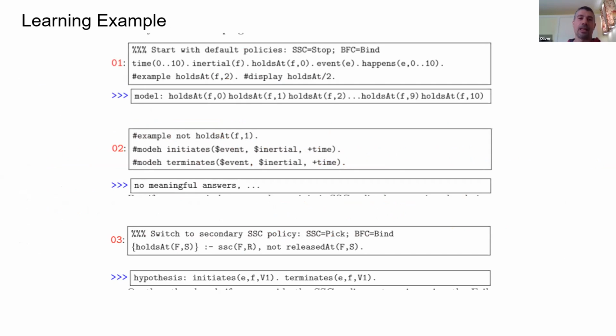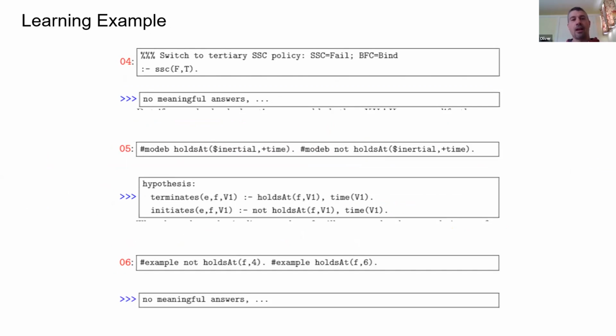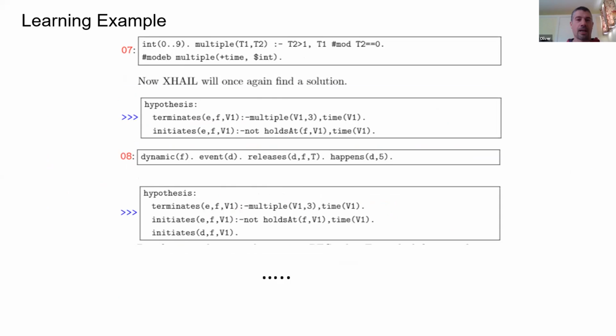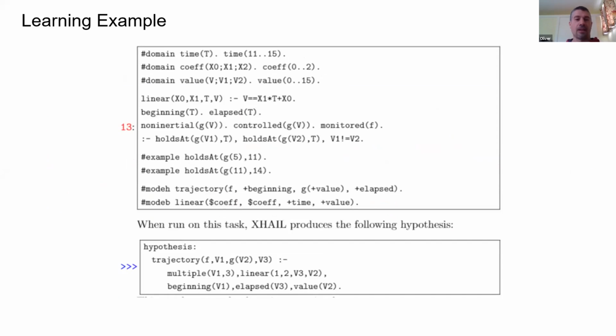Then in the paper, you see a demonstration where we progressively learn effect axioms, preconditions, non-determinism, and this culminates with the learning of an actual trajectory.